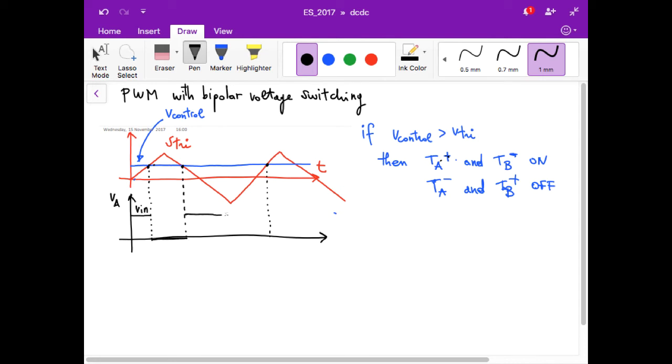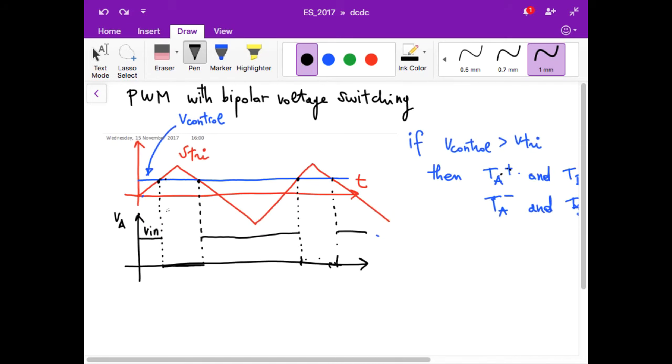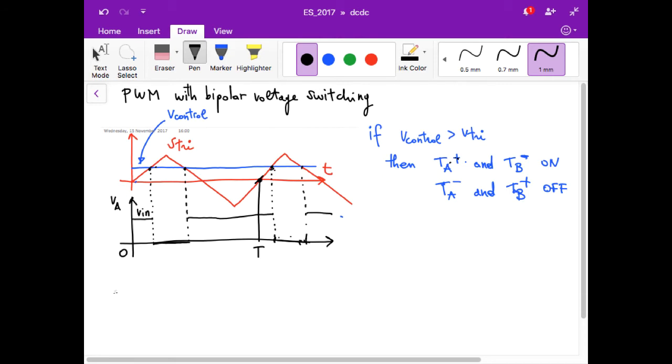And then here it is equal to V in, and then equal to 0, and so on. And this is a period, from here until you arrive at the same conditions.